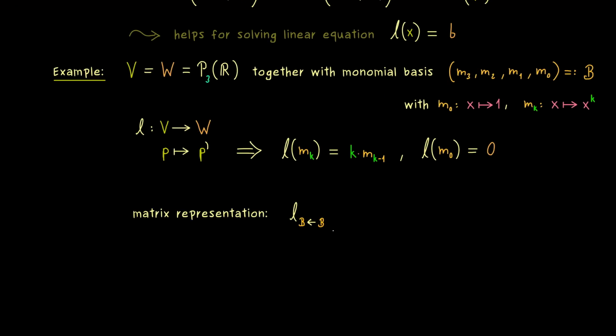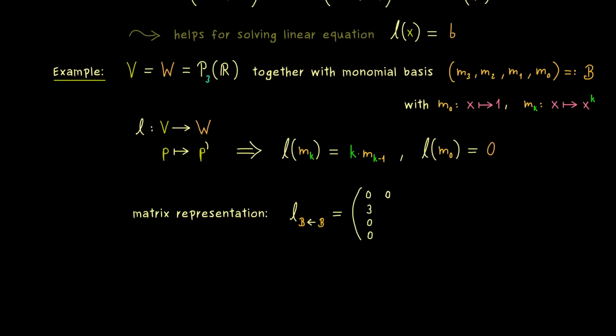And here please don't forget, we have the same vector space and the same basis on the right and on the left hand side, so the matrix representation should be given by a square matrix. And now let's use what the map L does to the monomials, so we know that M3 is sent to 3 times M2, so we actually have a 0 in the first component and then a 3 in the second row. And the other entries in the first column have to be 0 as well.